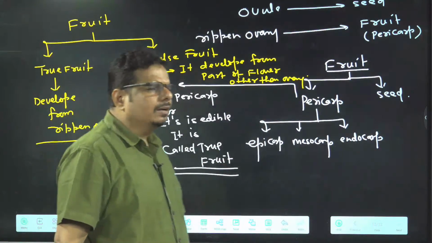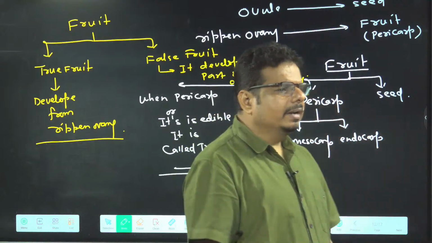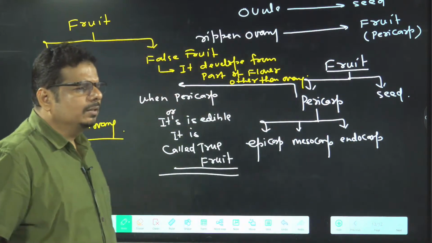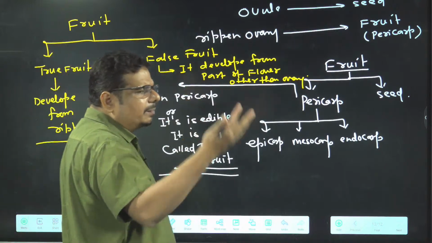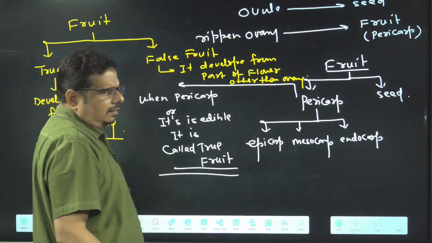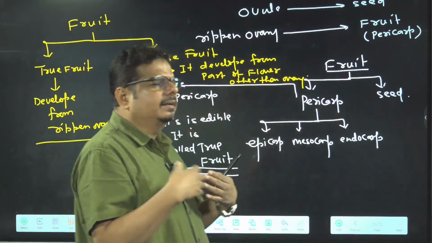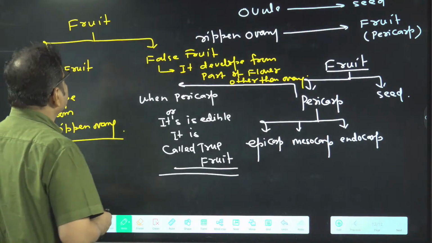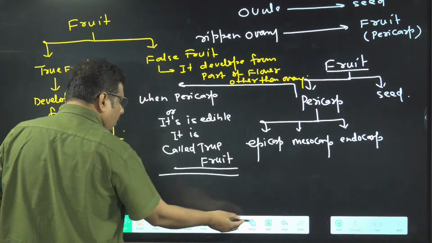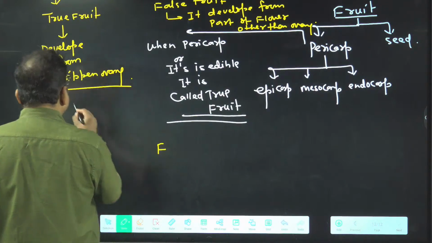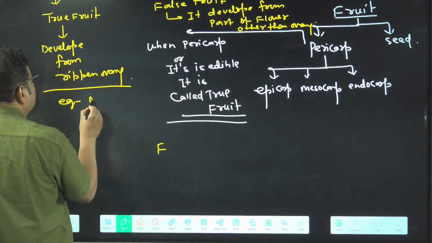Other than the ovary is called false fruit. So when which part of the flower, the ovary, becomes edible, getting the things or not? It is called which one? True fruit. And when any other part of the flower becomes edible, fleshy, it is called which one? False fruit. As a true fruit example, I am writing mango.